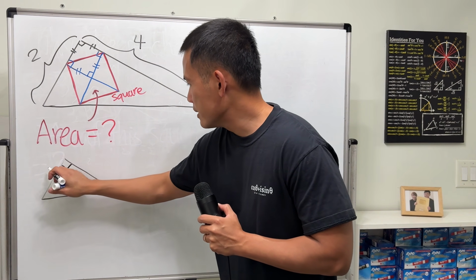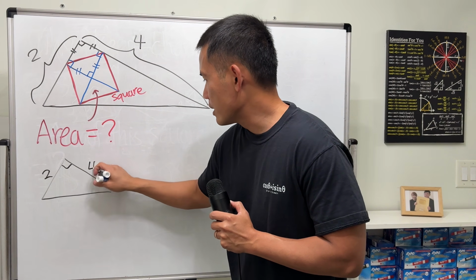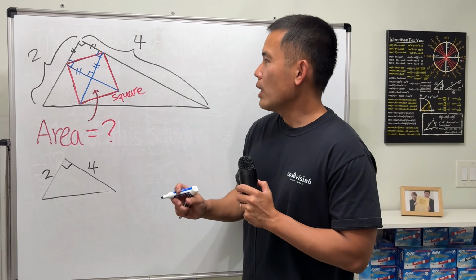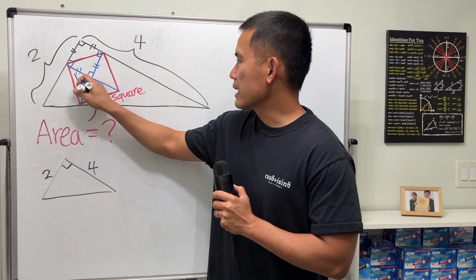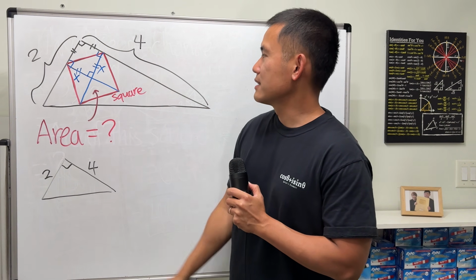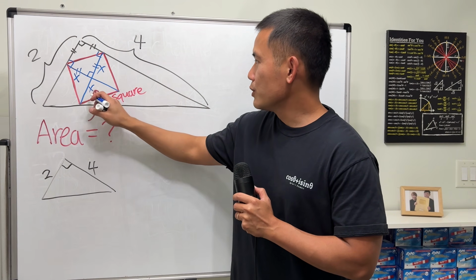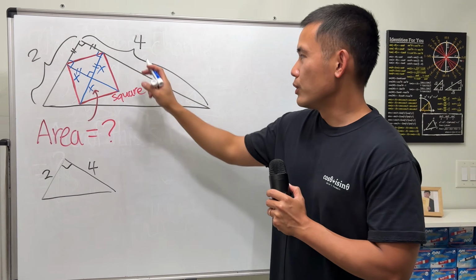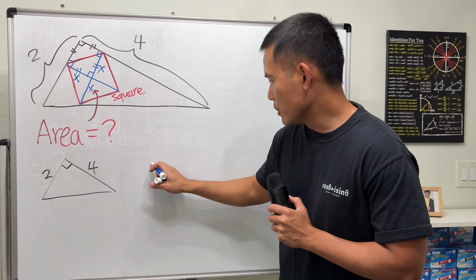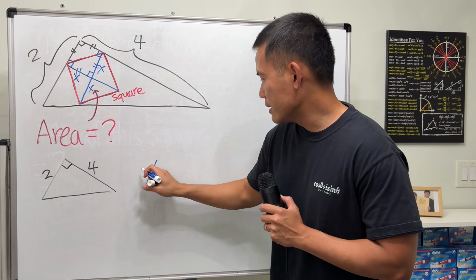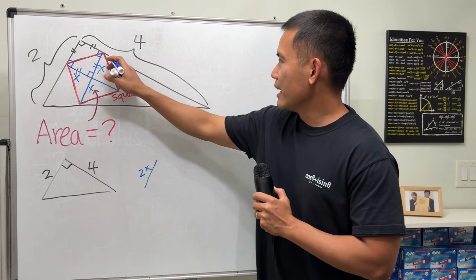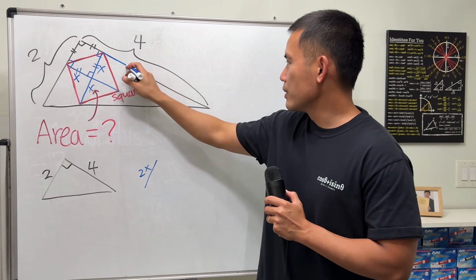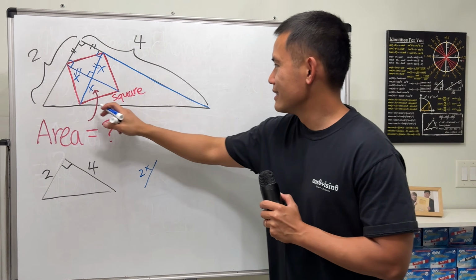I'm looking at the big one, so the whole thing is 2, and this right here is 4. And I'm going to call this x. So that's also going to be x. And this is also going to be x, so this right here is going to be 2x. So the smaller one right here, the blue one, that's 2x. And then I'm just going to go from here to here, like this.